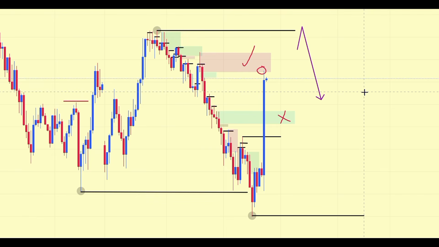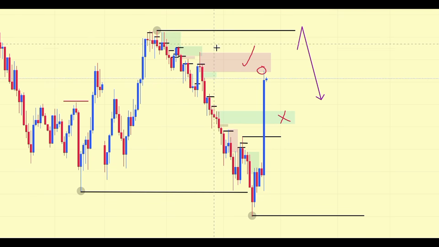And by the way, an extra thing: in an impulsive move, there can only be a maximum of two valid order blocks, or simply POIs, because it also applies to order flows. It just depends on what the trading range has given. So in this case, there were only two valid order blocks that met the criteria.